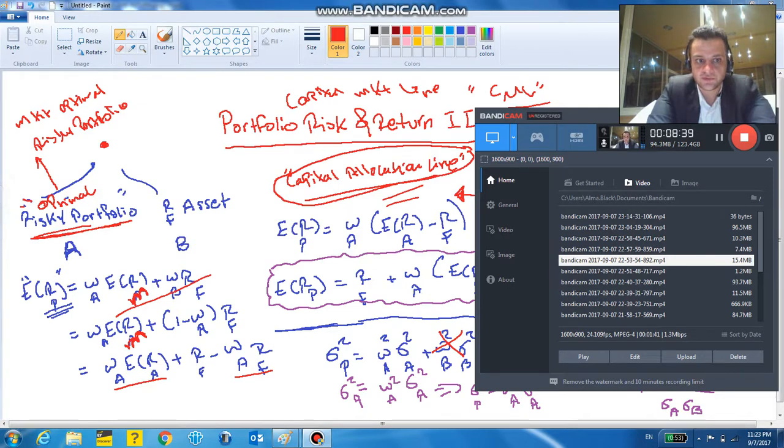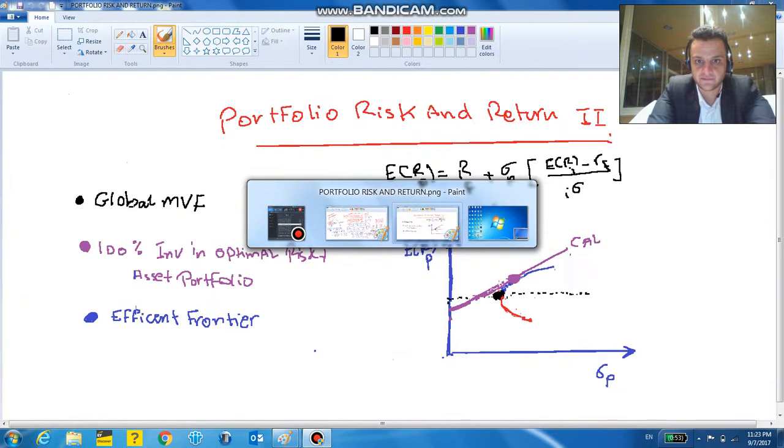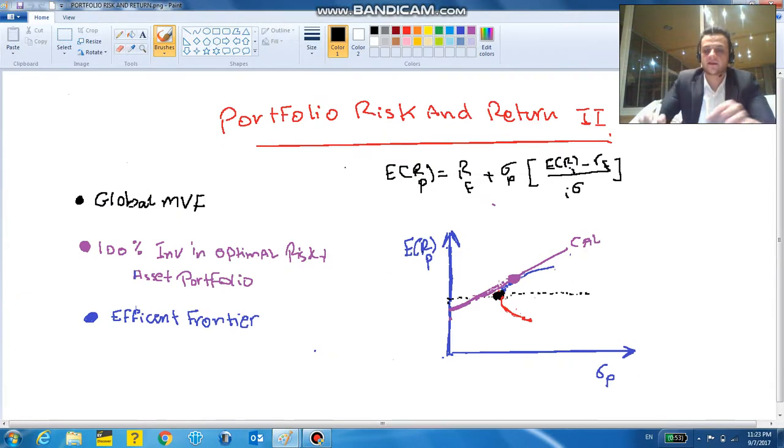If we now move to the graph, remember, now we're talking about the capital allocation line. Why? Because I don't see here any M sign. No M's.